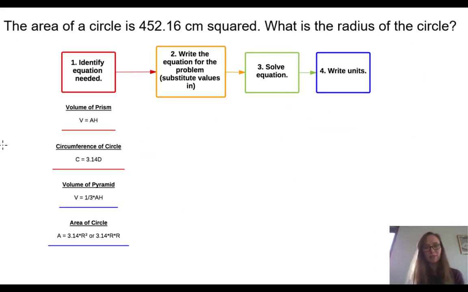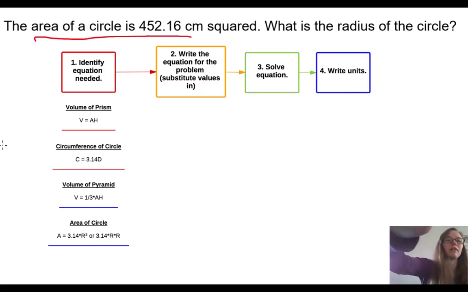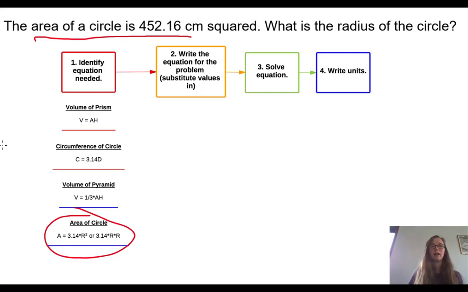For my second example, we have the area of a circle is 452.16 centimeters squared. What is the radius of the circle? So we first need to identify the equation needed. And looking at the problem, it says the area of a circle. So I'm going to be looking at A equals 3.14 times radius squared, or 3.14 times radius times radius, the same thing.